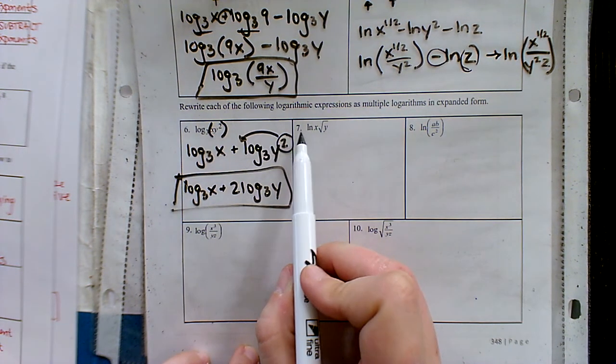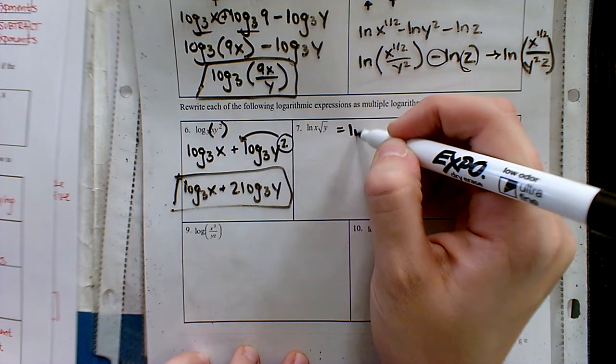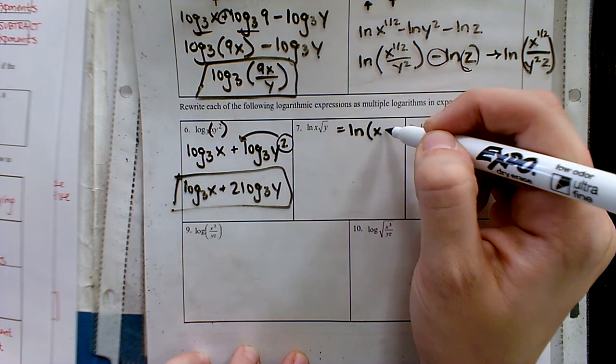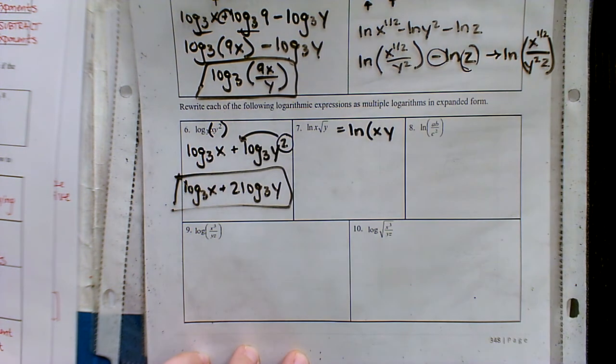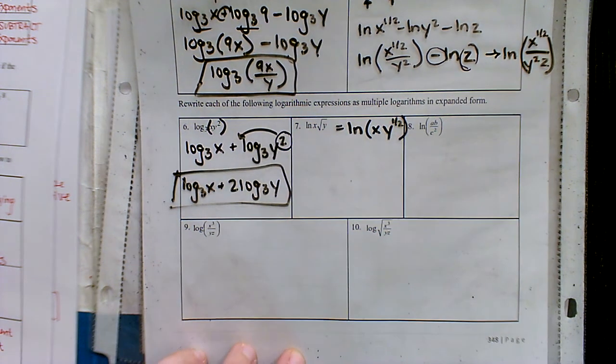Let's try 7. I would suggest rewriting this as the natural log of x, y. What power can we put on the y if it's a square root? That's a half. So maybe that'll help us.